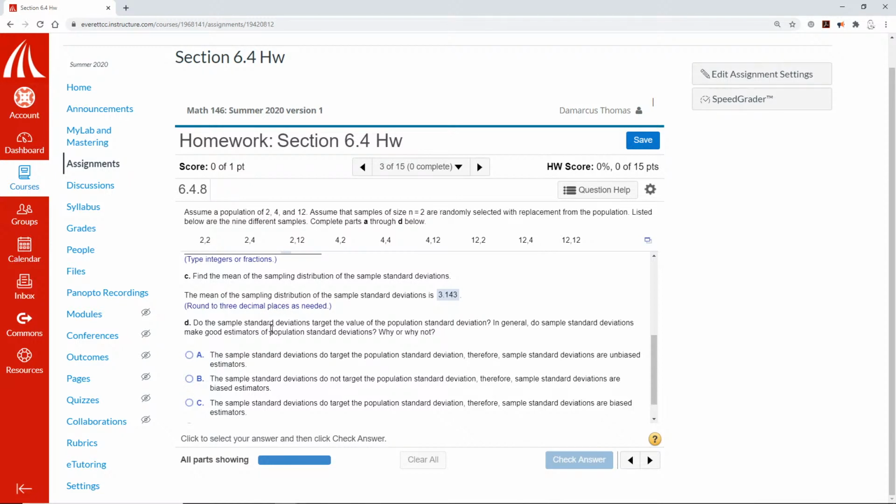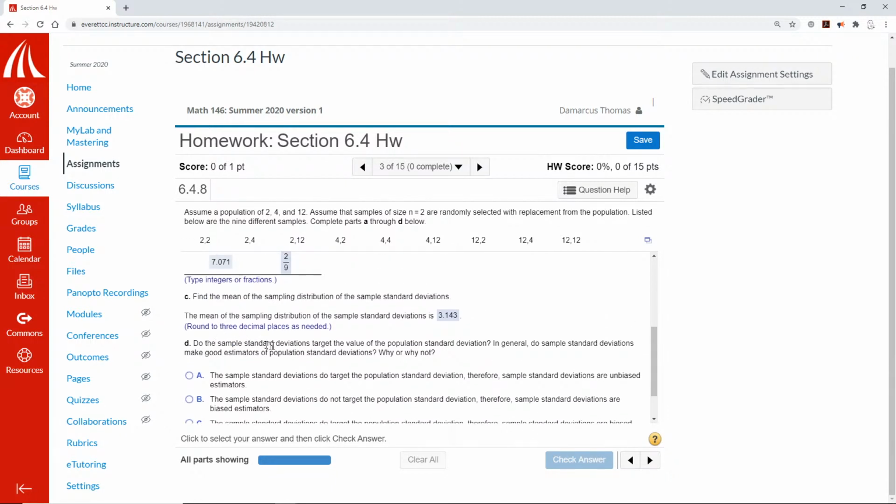And they're not going to target it for a lot of different reasons. One of the reasons is because the conditions haven't been met. There are certain conditions that have to happen. So you just choose one of these. Do the sample standard deviations target the value of the population deviation? In general, do sample standard deviations make good estimators of population standard deviations?